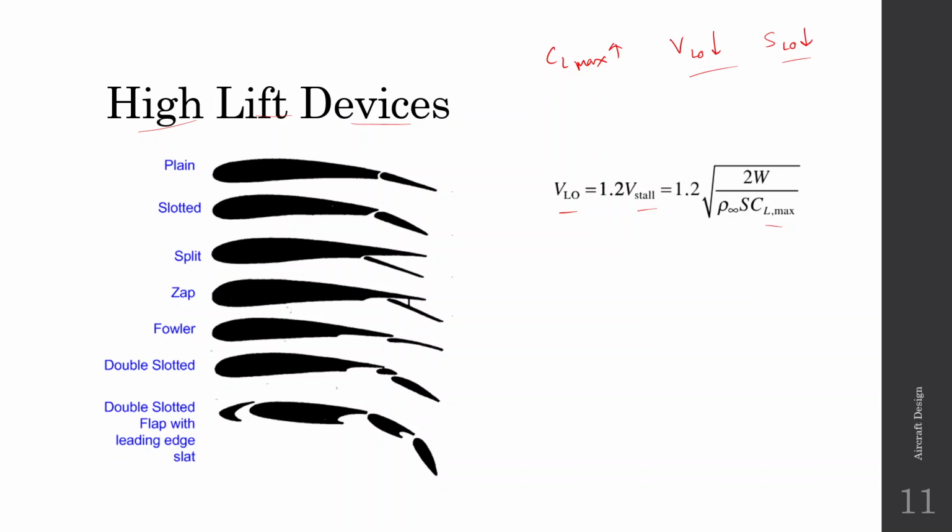But the problem is that when you increase CL max, the drag also increases. This is not desirable because it consumes more energy and more fuel. If you look at an aircraft's mission profile, the takeoff and the landing only comprise a short duration of the flight.